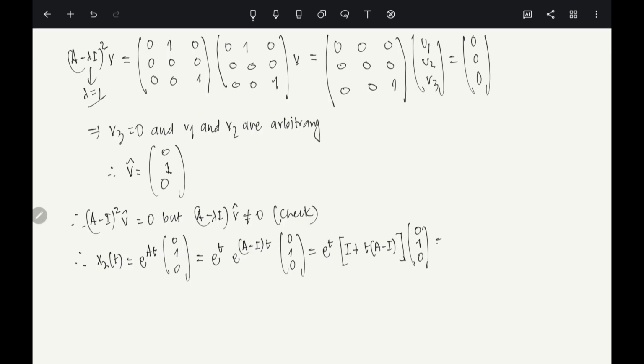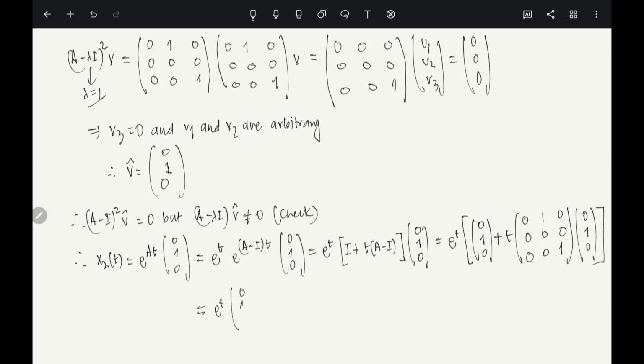Now let's calculate this: [0 1 0] plus t times [0 1 0; 0 0 0; 0 0 1] times [0 1 0]. Clear? If you write it properly, it becomes e to the power t times [0 1 0].